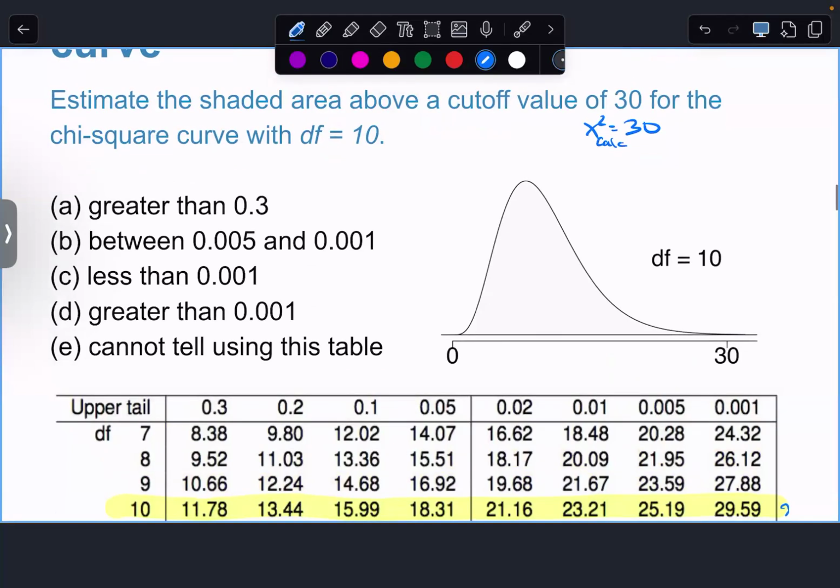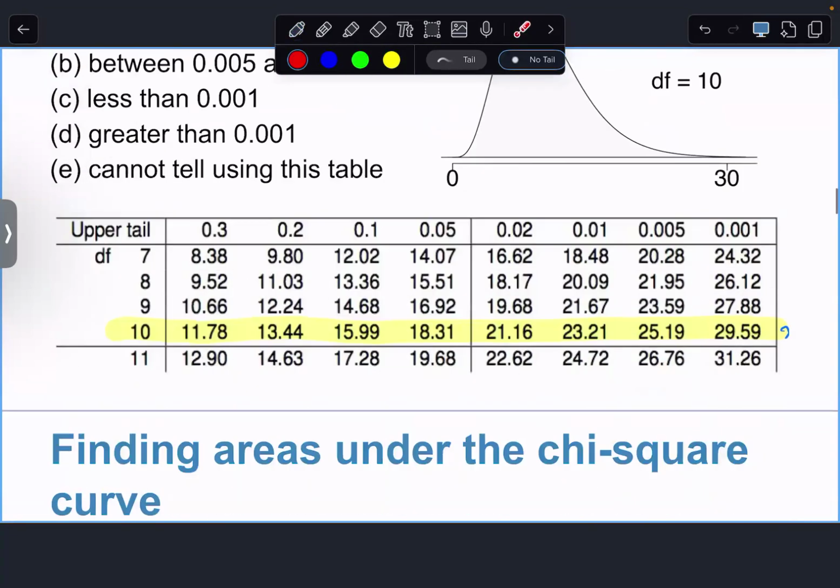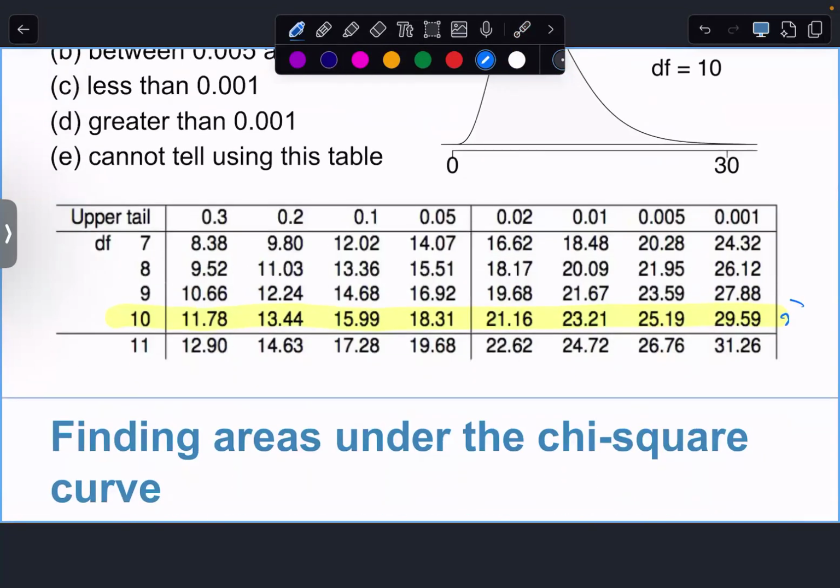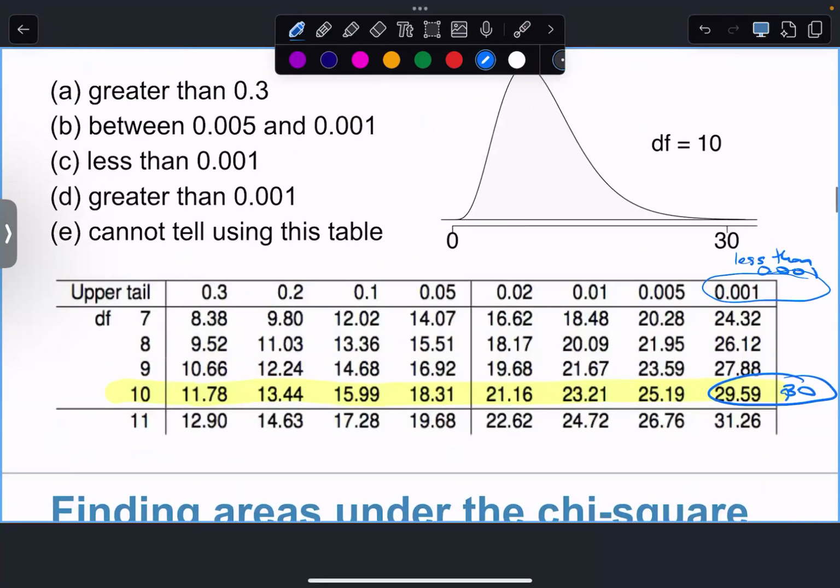If I have a chi-squared of 30 and 10 degrees of freedom, then 30 is somewhere out here, right? Just after, but that means the p-value is just less than 0.001. We don't really bother with between 0 and 0.001. We can just say it's less than at this point. And so I'm going to go for C.